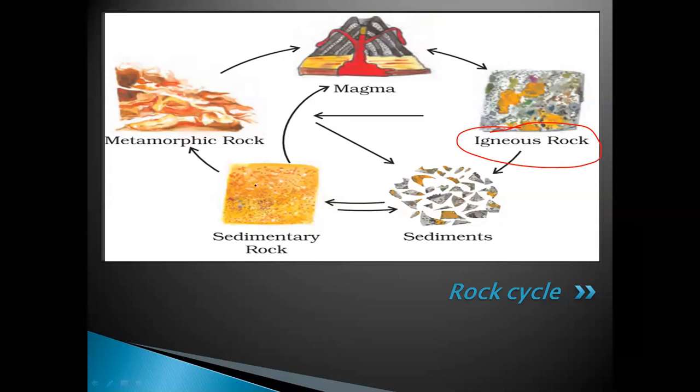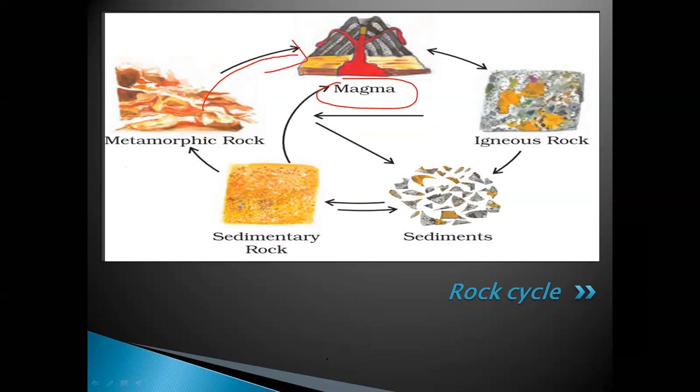These sedimentary rocks also roll down, crack, hit each other and become sediments. This igneous rock and sedimentary rock become metamorphic rock under great heat and pressure, and under great heat and pressure it becomes magma again. This is the process it goes through.